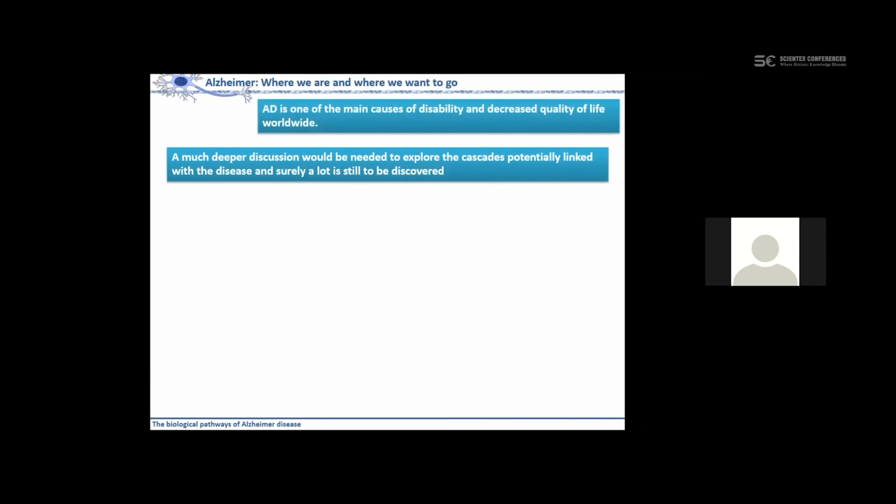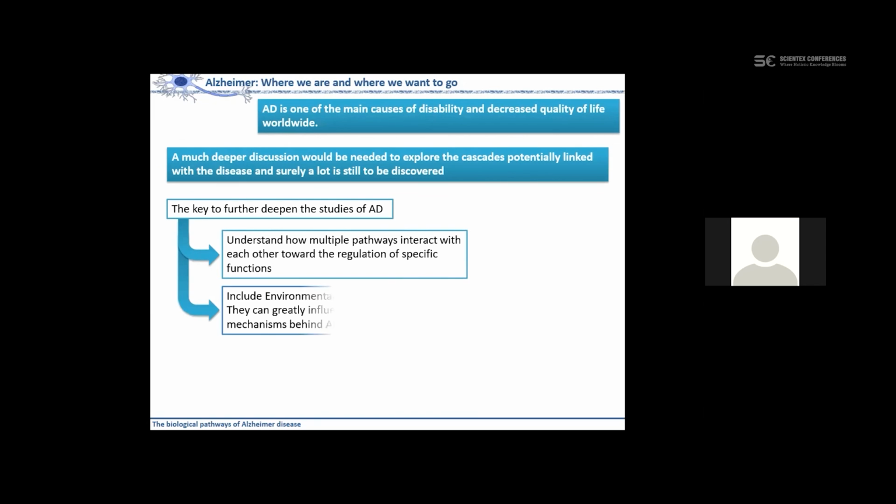But now we have to understand where we want to go. Obviously, a much deeper discussion would be needed to explore the cascades potentially linked with the disease, and surely a lot is still to be discovered. Probably the key to further deepen the study of AD is, on one hand, how multiple pathways interact with each other toward the regulation of specific functions.